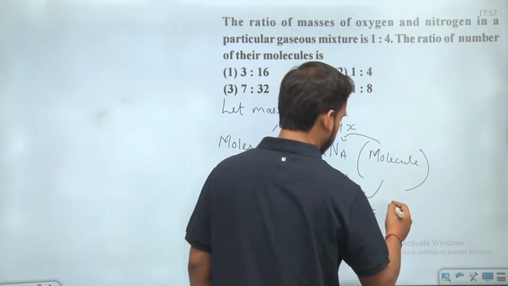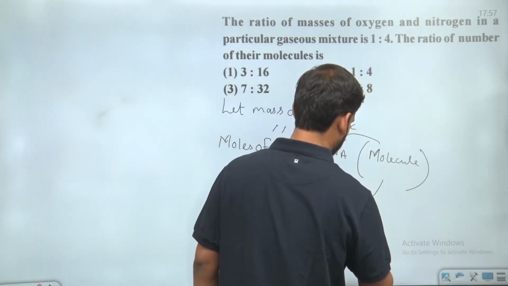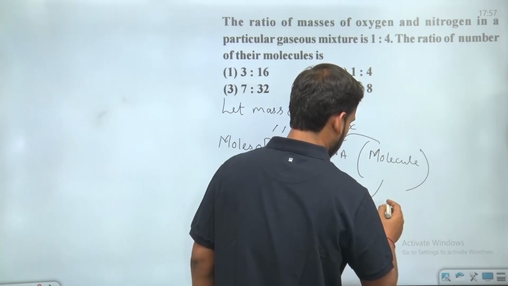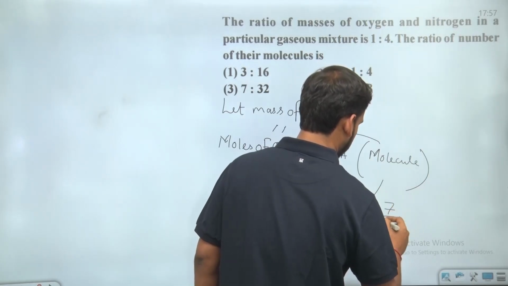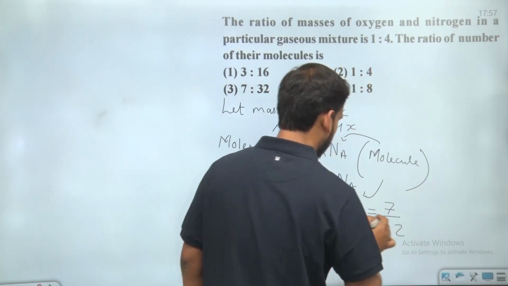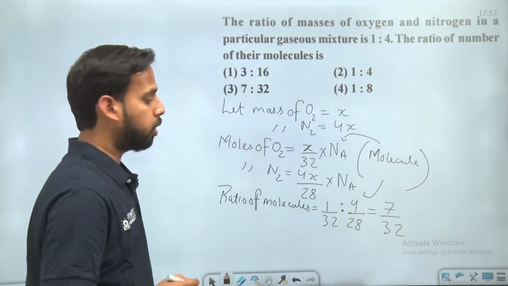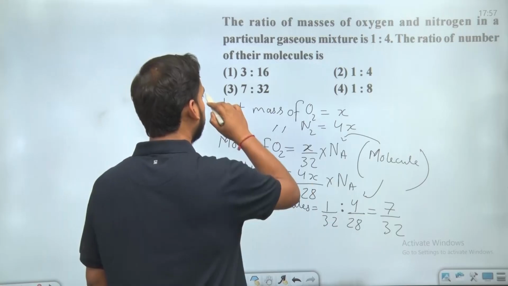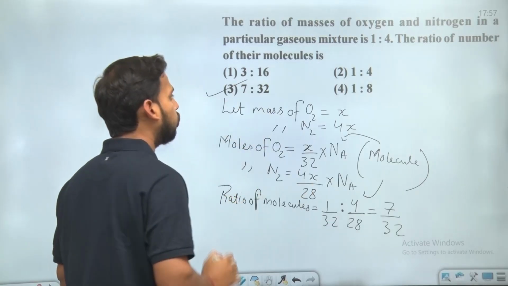That comes out to be 7 divided by 32. So the ratio here will be 7:32. So our correct answer is option 3, that is 7:32.